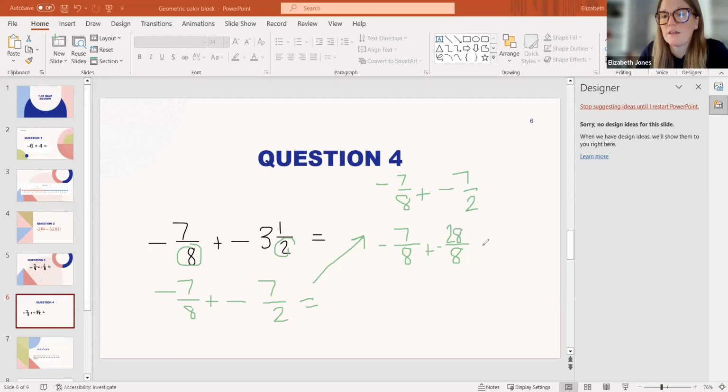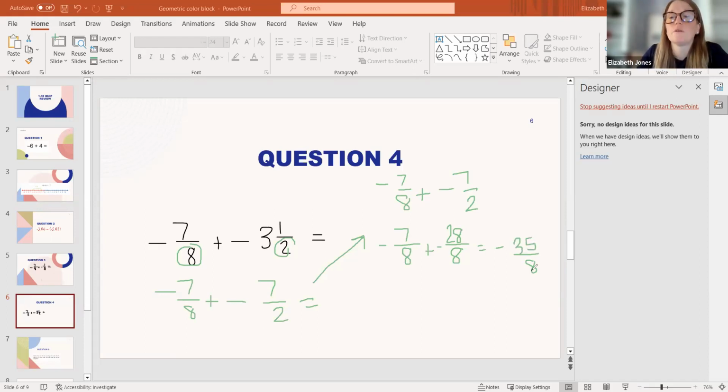And so we still keep that negative, right? So we know our answer is going to be negative. We also know that our denominator is going to be 8. So we're going to add that 7 and the 28 as if there were no negatives, because we have a negative plus a negative. So we end up with 7 plus 28. We get 35/8, negative 35/8.